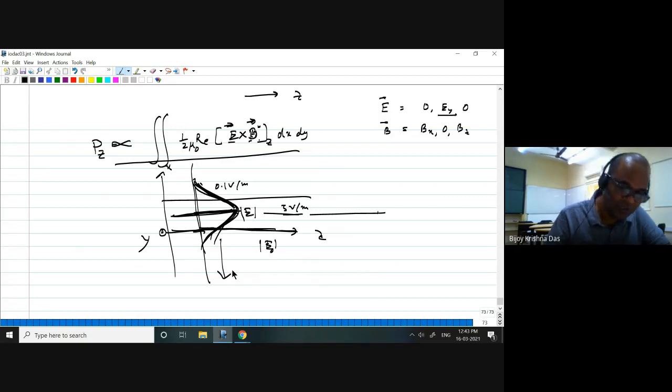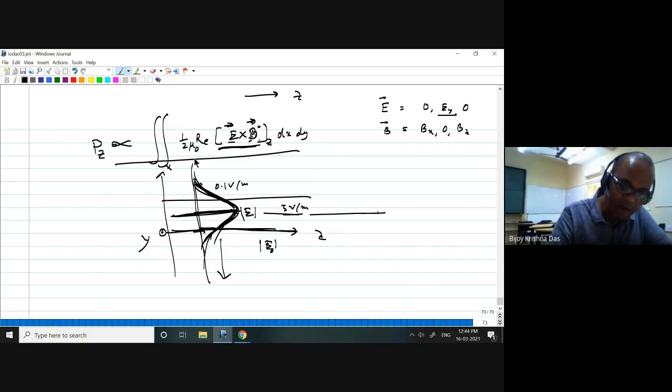So in that case, I have to find this E cross B. And I see whether the X component exists, Y component exists or Z component exists or not. At any point, you may find that component exists, but we know that power cannot be carried in this direction and this direction.